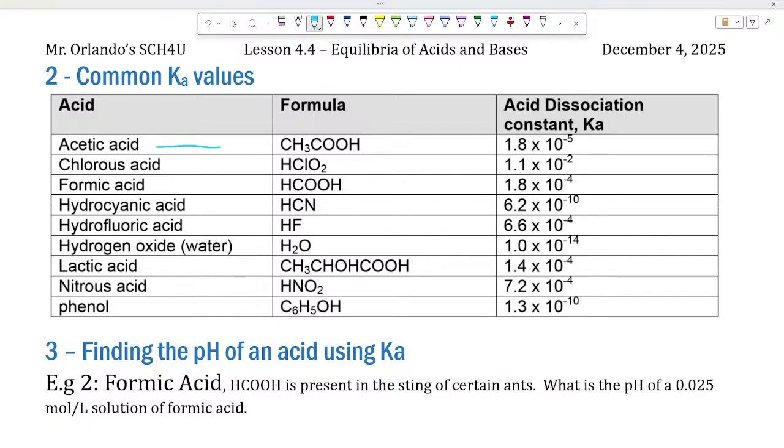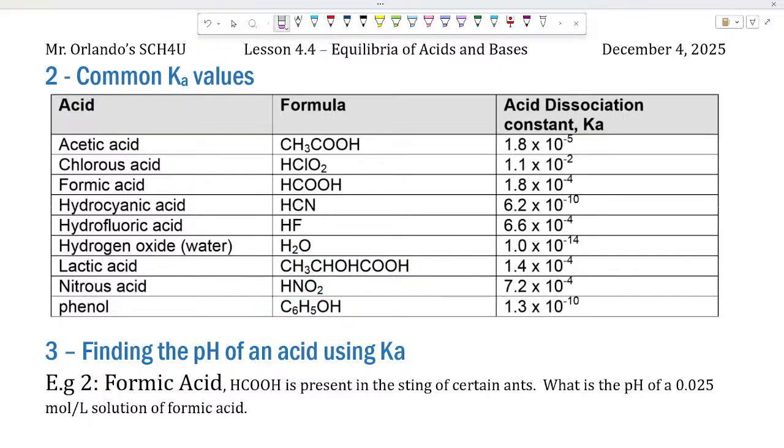We have acetic acid, also known as vinegar, chlorous acid, formic acid, hydrocyanic, hydrofluoric, hydrogen oxide acid. Water is an acid. Not a very strong one. Both. We're going to do a whole lesson on it. Don't worry. We're going to do a whole lesson on it. Lactic acid, nitrous acid, phenol.